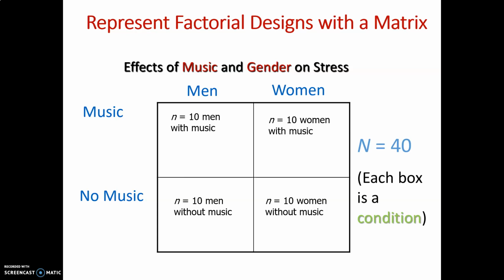Notice this is a between subjects design because the people in each of these conditions, each of these boxes is a condition in our study, are going to add up to a grand total of 40 people.